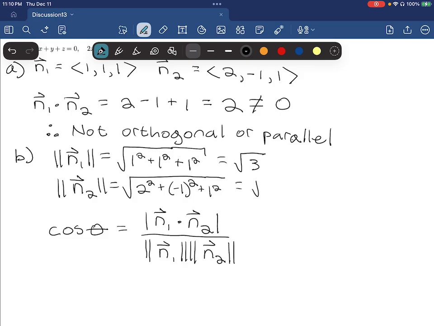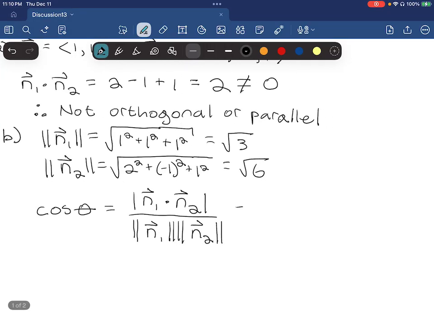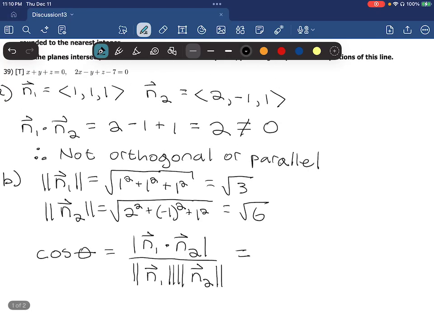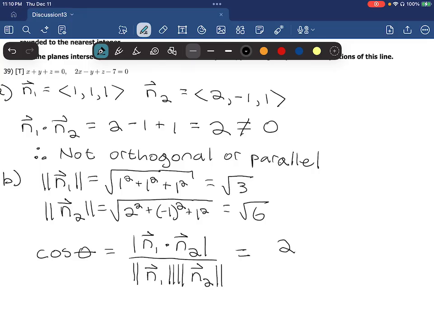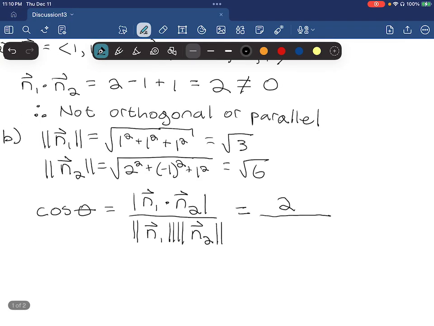Okay. So from the first part, we already got that the numerator is equal to 2, and then the denominator is going to be radical 3 times radical 6, which is just radical 18.